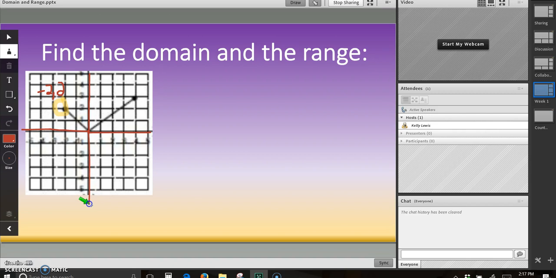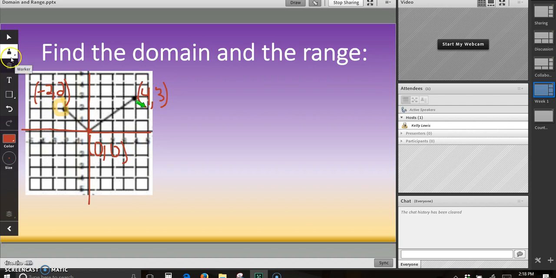It's a terrible graph, by the way. Sorry. -1, -2. All right, and then this point right here will be 0, 0. This point right here will be 4, 3.